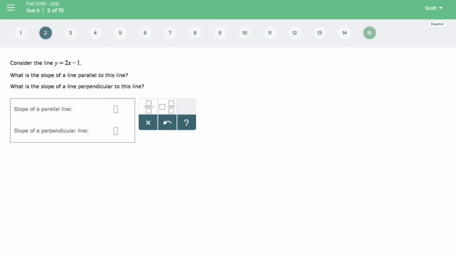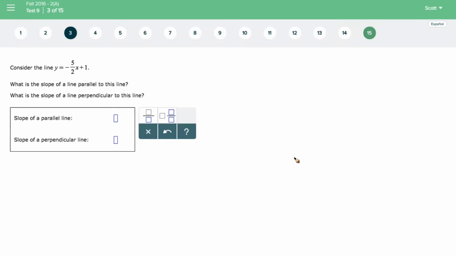Number 3. Last time, same question. We have the slope. Parallel, the slope stays exactly the same. And then perpendicular, we have the original slope.